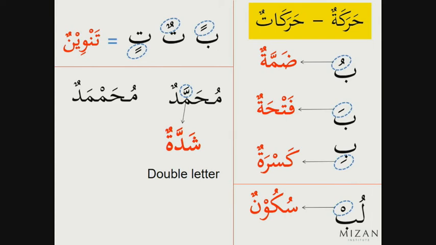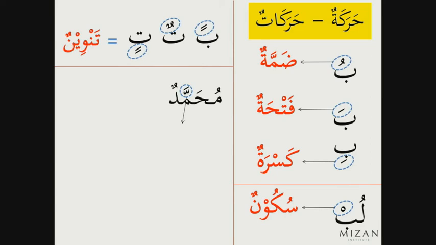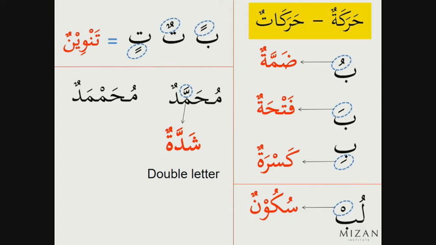Because all this thing is a shadda. There are two mems there. It's called a shadda. All that means is that the letter is actually there twice. So if I ask you how many mems do you see in Muhammad, you're supposed to say two. Now, what is a shadda? A shadda is a double letter.